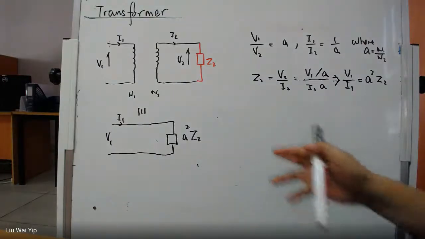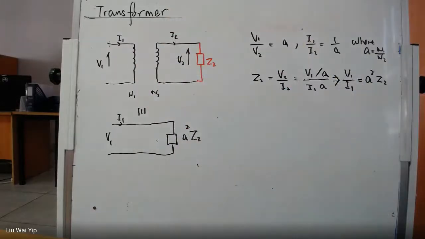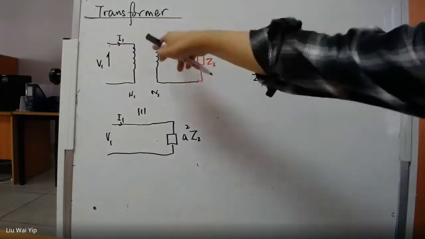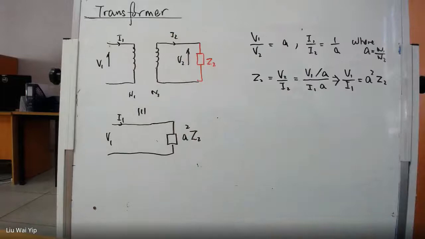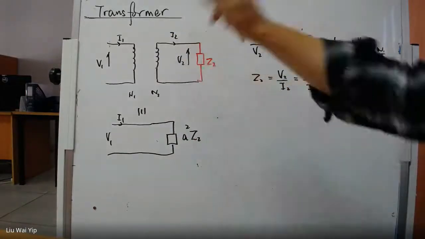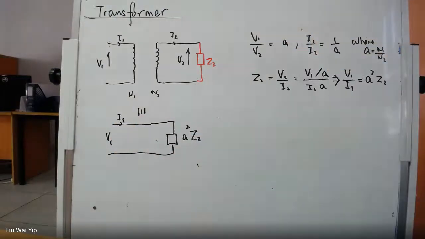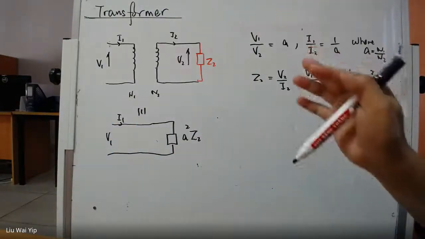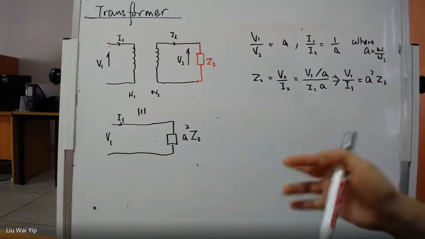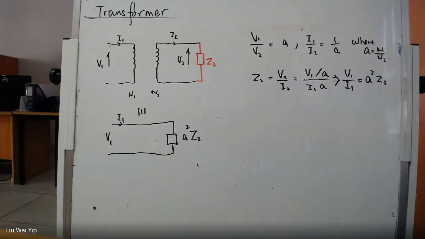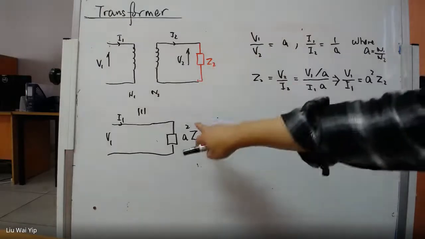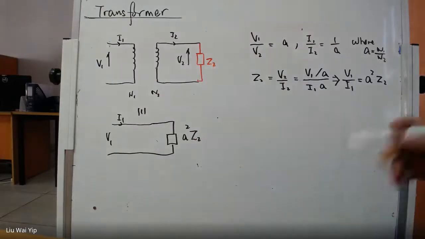In this case, you can forget about the turn ratio, this transformer symbol, I1, I2. So you can use only the parameters for the primary to calculate the rest of the circuit. So from here to here, this is the process of referral.